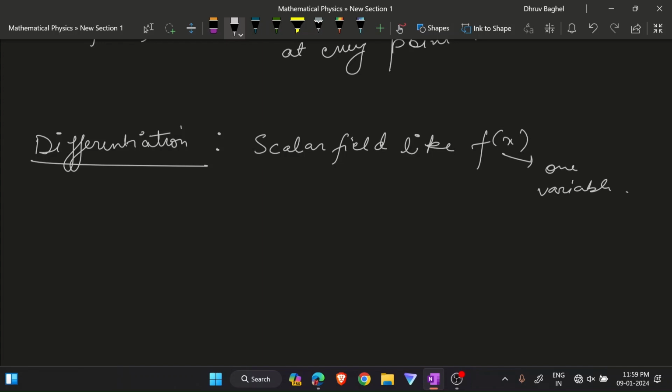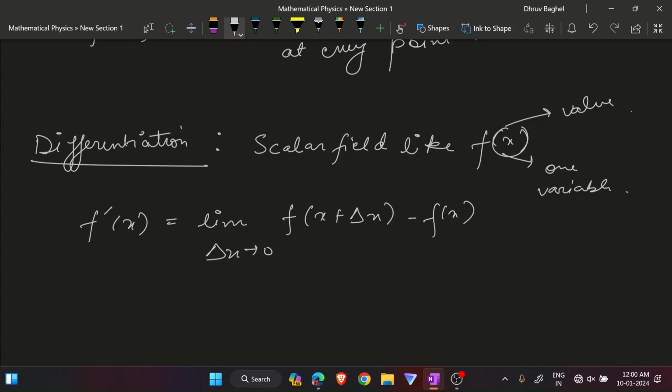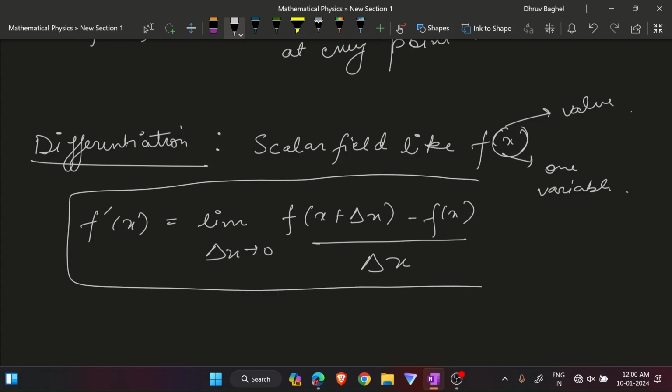This is also a scalar field because it contains a space coordinate, and it will return us a value. We know how to define the differentiation of it: the limit as delta x tends to 0 of f(x plus delta x) minus f(x), divided by delta x.